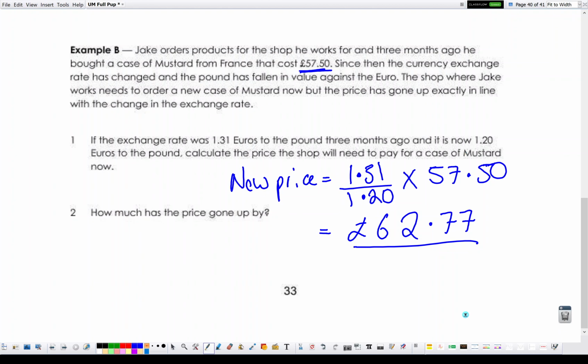Most of us are not going to deal with exchange rates in terms of buying a case of mustard for a shop, but you will have to anytime you go on holiday to a foreign country. So it's fundamental to understand what these mean for an exchange rate. When you're buying currency, remember doing this for my National 5 numeracy, we want the exchange rate to be as high as possible when we're going from pounds to euros.